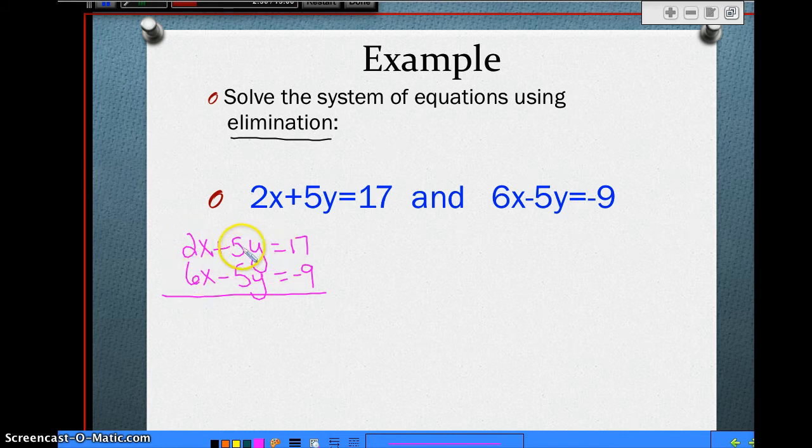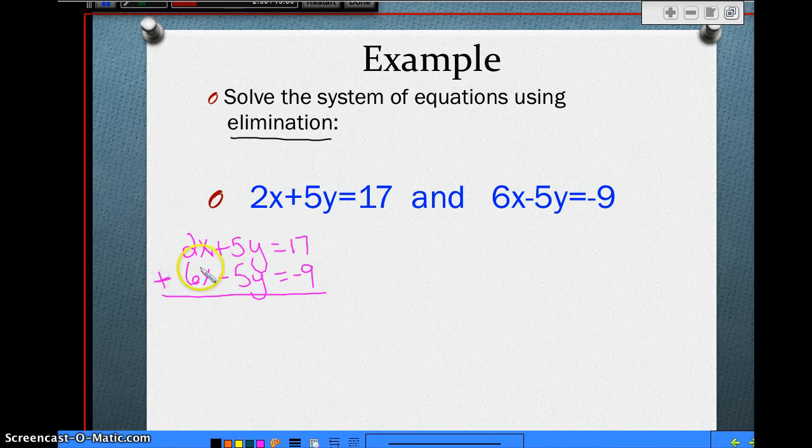If you look at the y terms, the coefficients are 5 and negative 5. They're opposite signs and they're both 5s. So this one is an easier system of equations by elimination because the 5y and the negative 5y are going to eliminate when I add these two equations together.